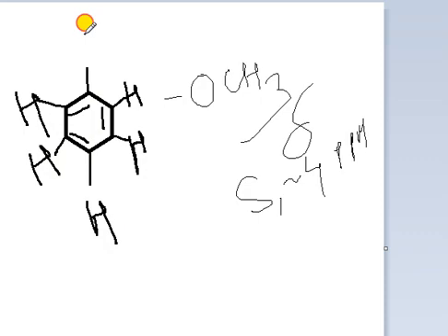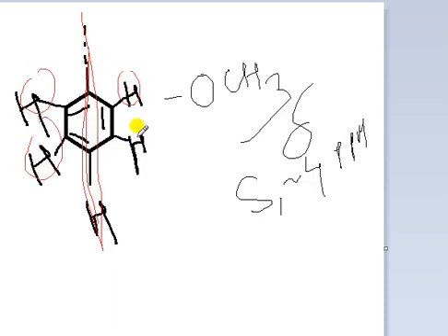If you draw a mirror, we can take a different color, one mirror from this 1 and 4 position, you can see this is the mirror image of this one, and this is the mirror image of this one, and this is the para position.